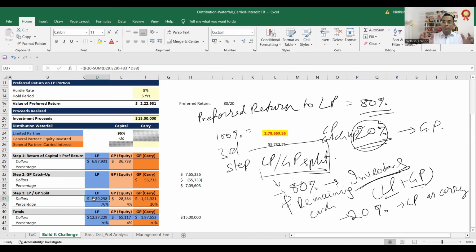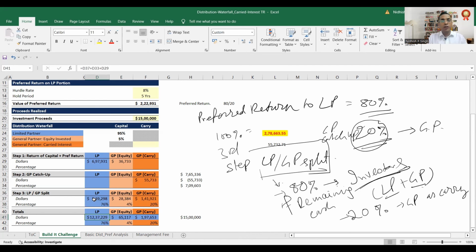We assume that after the GP catch-up is given to GP, and return of capital and preferred return, whatever cash is left, we put in 2 buckets. One big bucket for 80%, and from the 80% we distribute to the different investors, whether it is LP or GP. And then another bucket, which is 20%, that goes as the carry to GP.